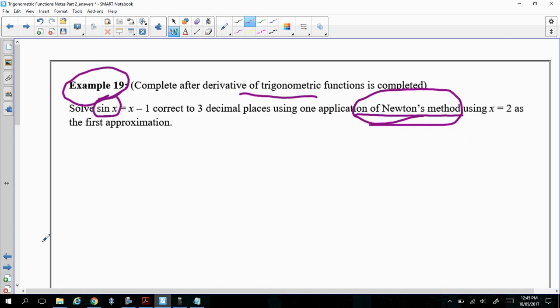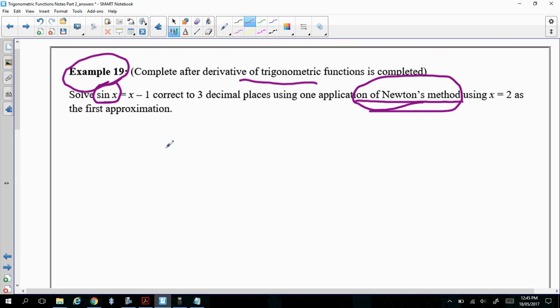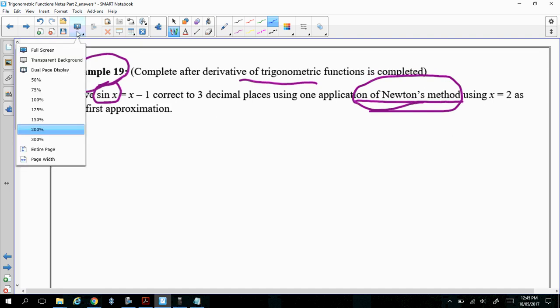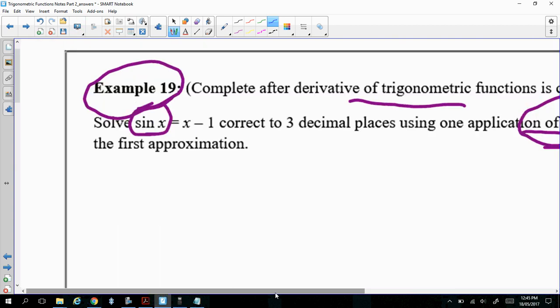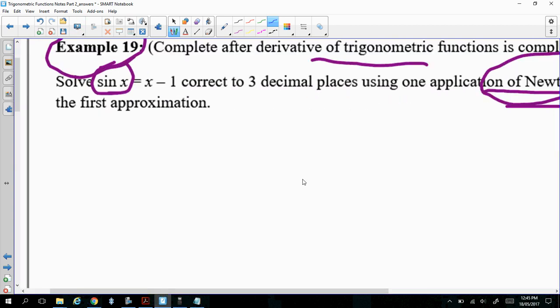Newton's method says that to get the second approximation, which is on the formula sheet, x2 equals x1 minus f of x1 over f dash of x1.